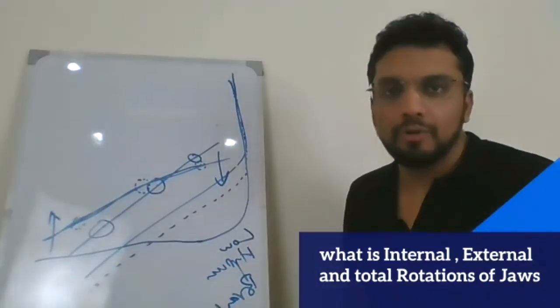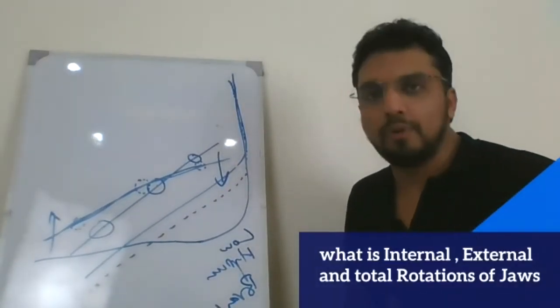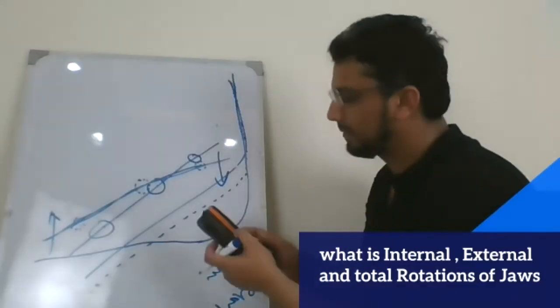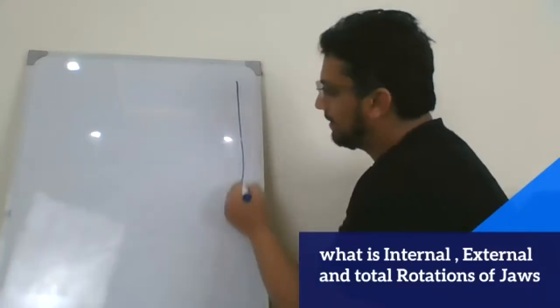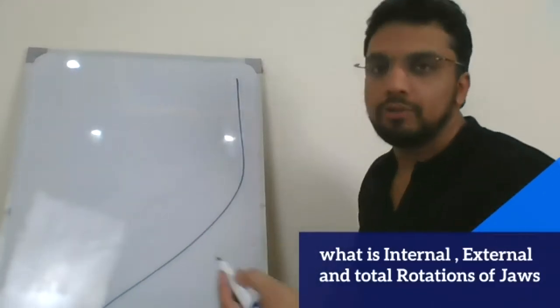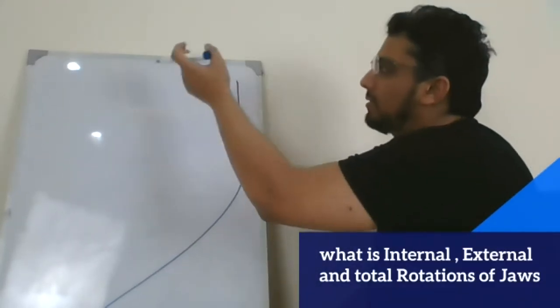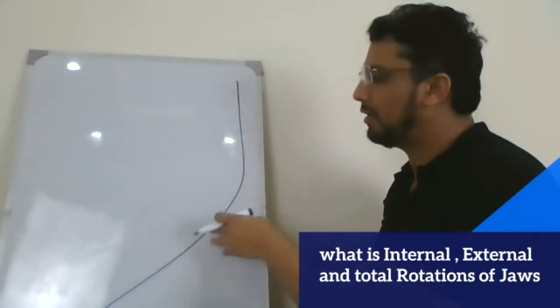The internal rotation is the rotation of the bone that is occurring within the core of the mandible. If you look at this mandible, you have so many functional processes like the coronoid process, condylar process, alveolar process, and angular process.